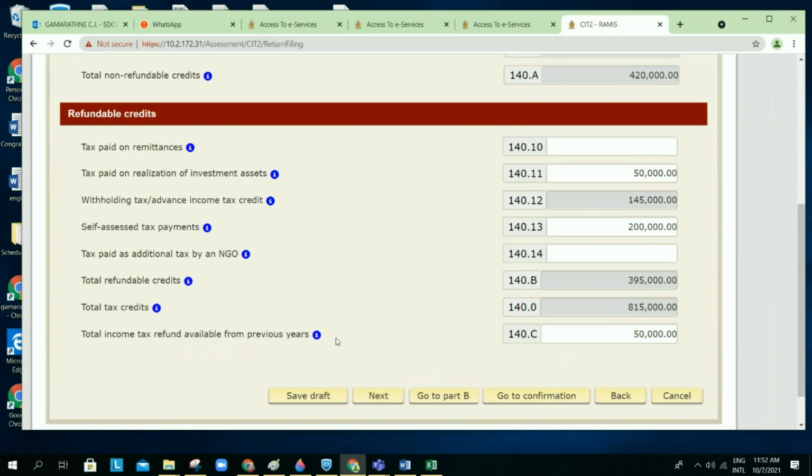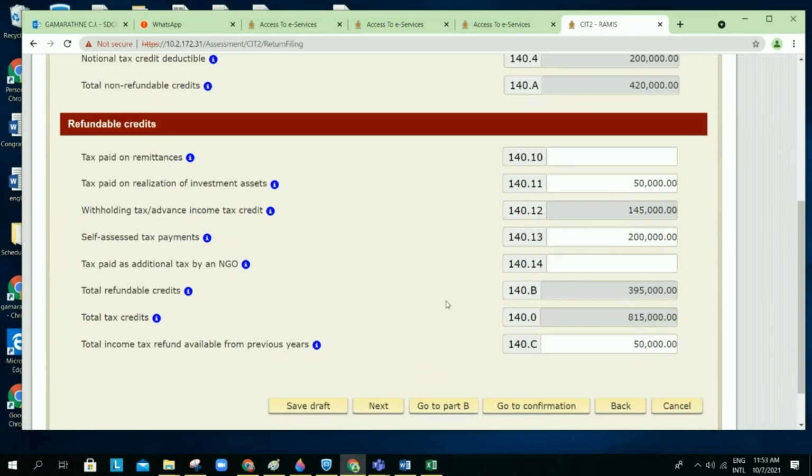If you have a previous year refund, you can enter it here, but it is not considered in the tax credit calculation. That is just for information purposes. Actually it is important to declare here if you have any refund, because it provides guidance to the IRD officer on what refunds you have available. Okay.